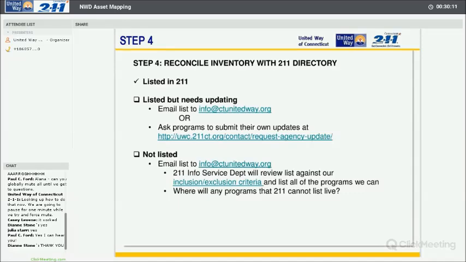And then lastly, there are resources that you may find that are not listed at all in the 2-in-1 directory.